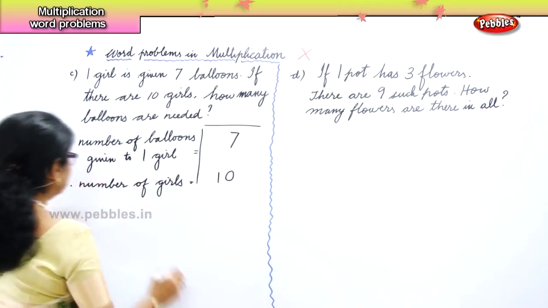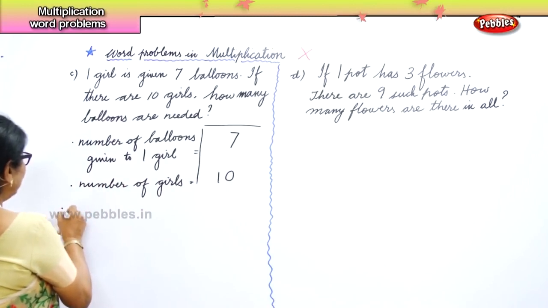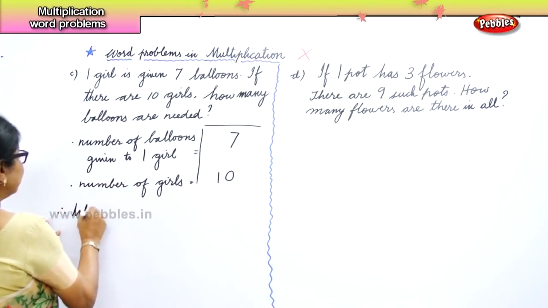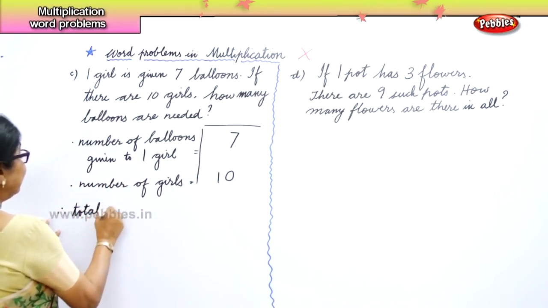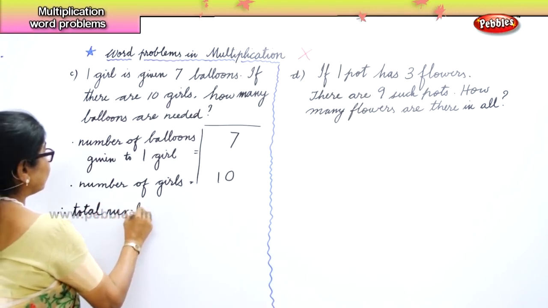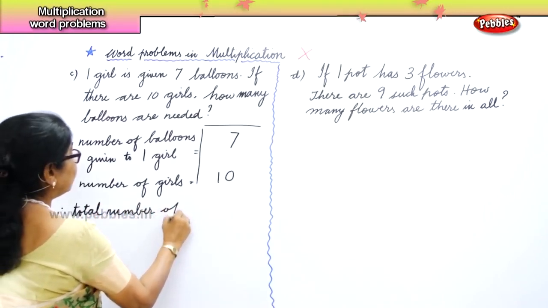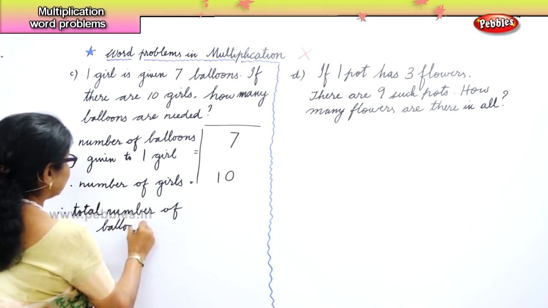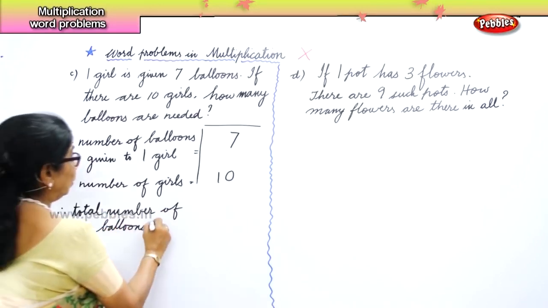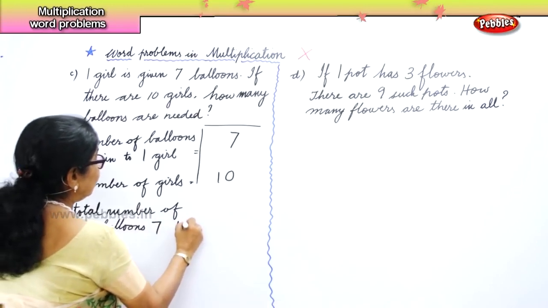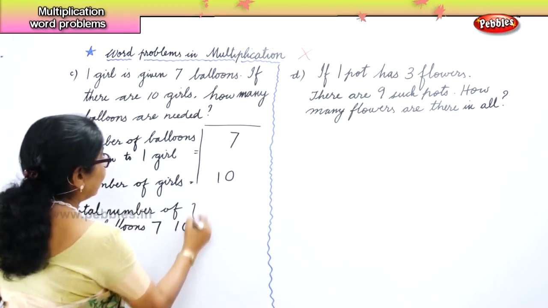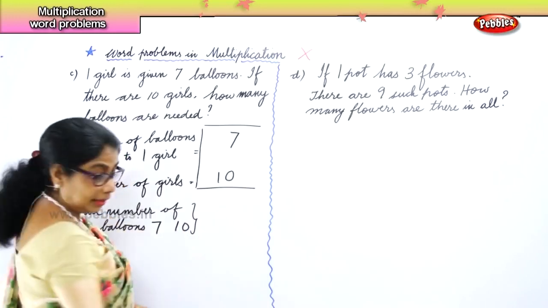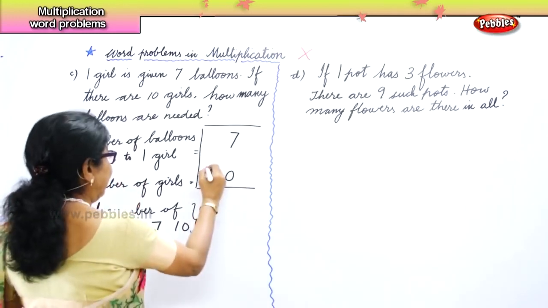There are 10 girls. So, therefore, total number of balloons. What is the total number of balloons? 7 into 10. Alright? 7 into 10.